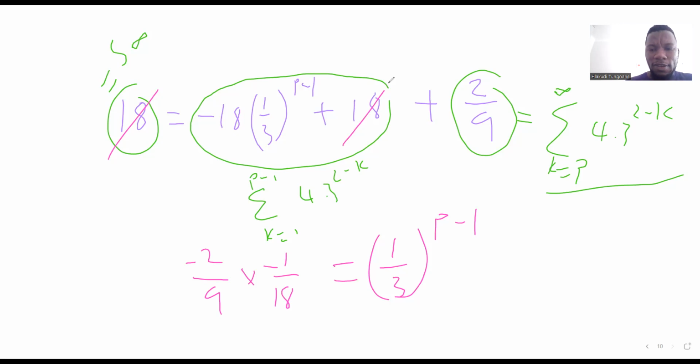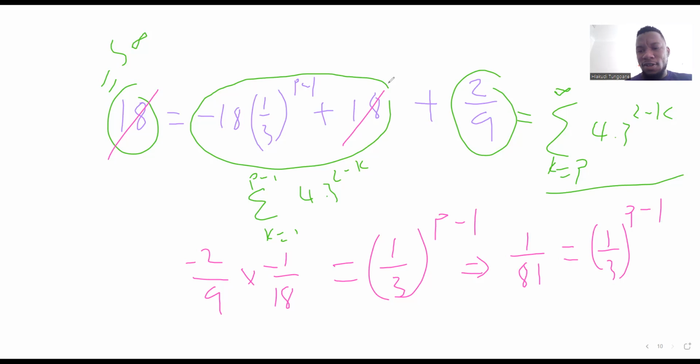So this implies that you're going to have 1 over 81 equals 1 over 3 to the p minus 1. So let's write this as a base of what?